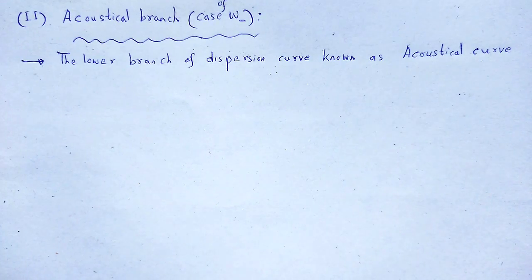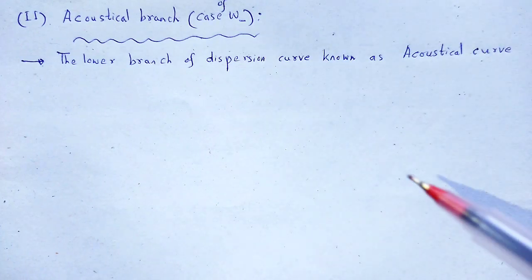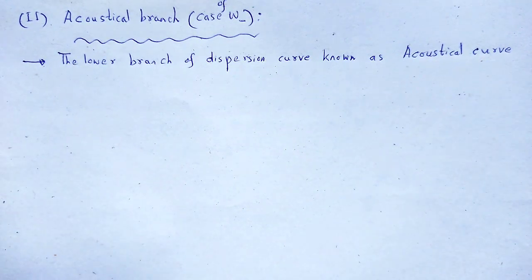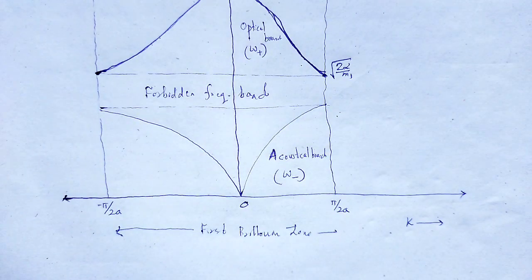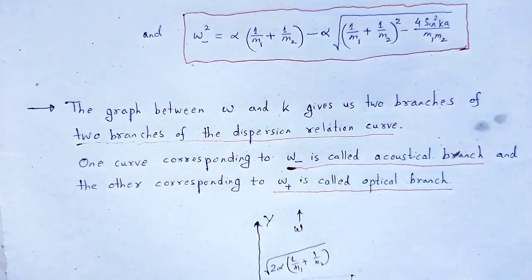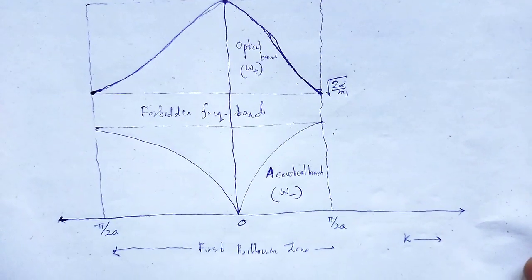Acoustical branch, the case of omega minus, the lower branch of the dispersion curve is known as the acoustical branch. See the figure, that lower branch that represents omega minus is known as the acoustical branch.